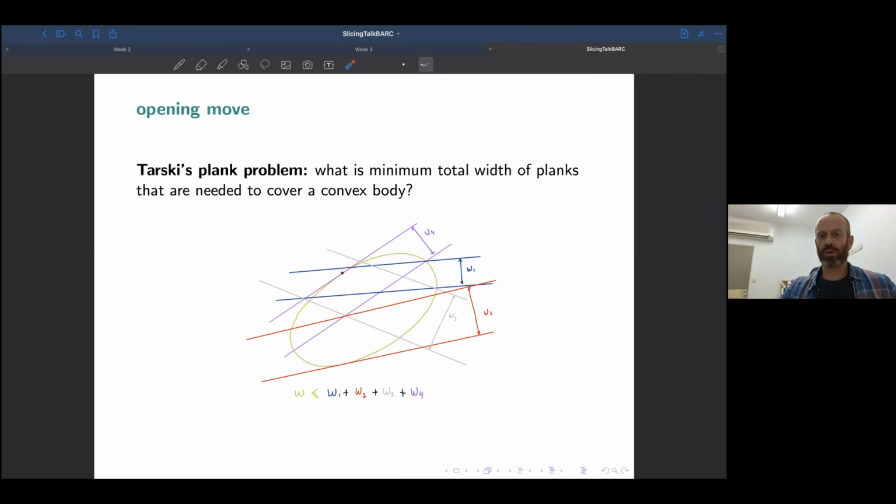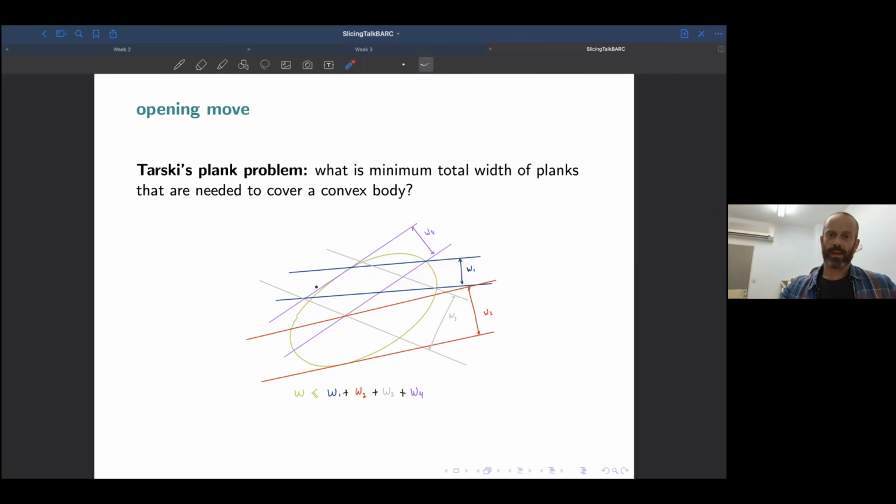And we want to cover the convex body by planks. A plank is the region between 2 parallel hyperplanes. And the width of the plank is the distance between the hyperplanes. So we have a convex body and we want to cover it by planks, by regions of this structure. And the question is, can we do something non-trivial?